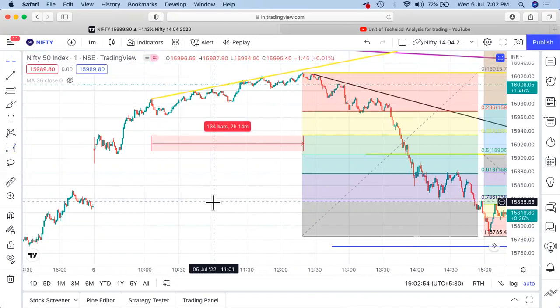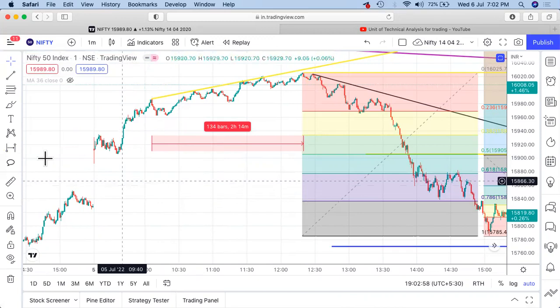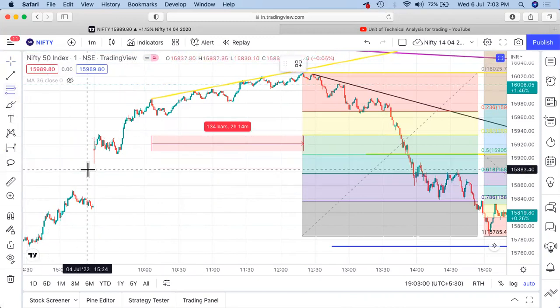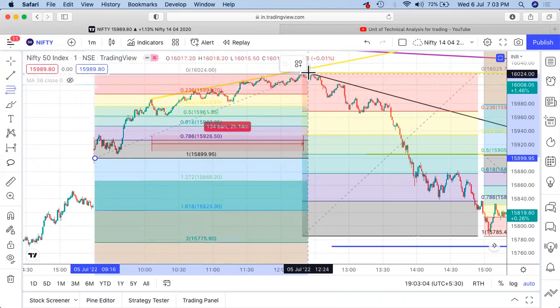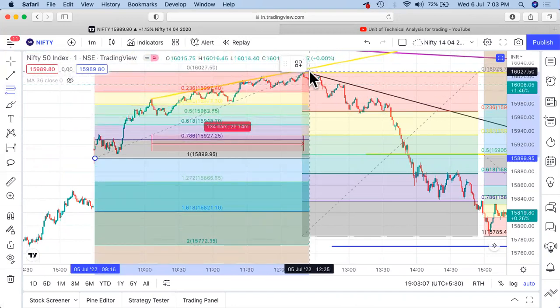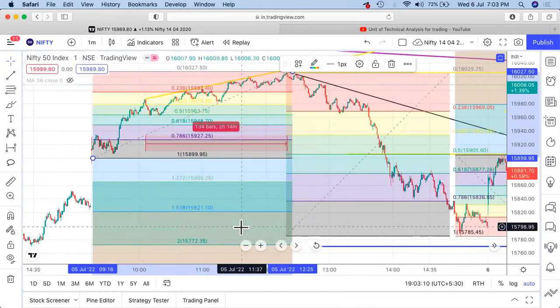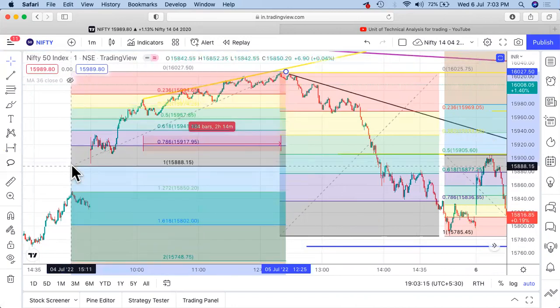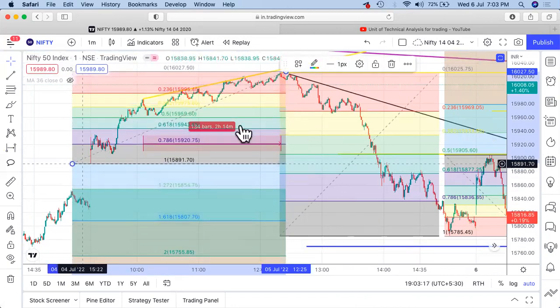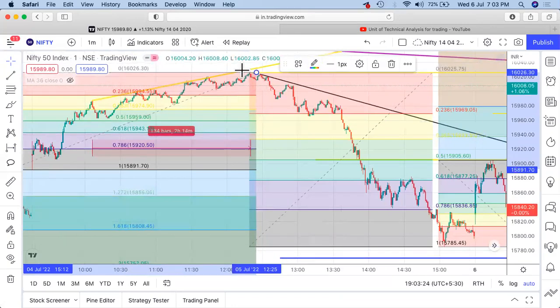And if you see in terms of target, it was an entire range, then coming to a target of almost 2. Right?